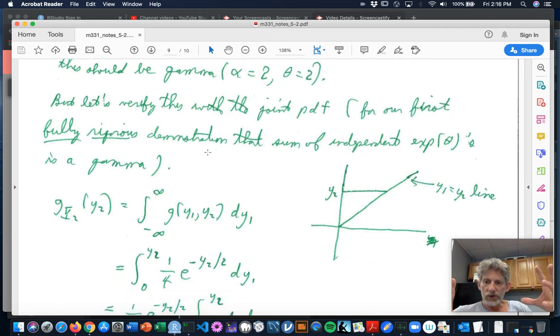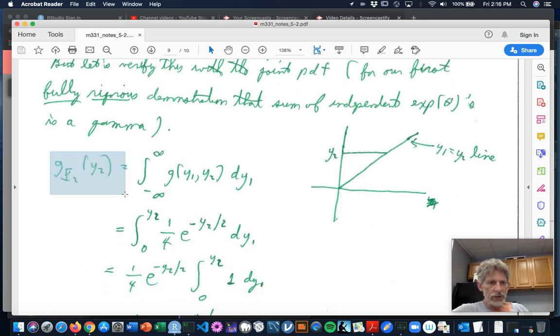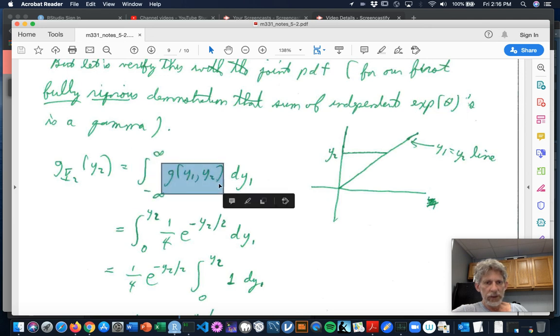Let's verify this by going from the joint to the marginal. So I'll call the marginal g sub y2, and I'm going to find it at any possible little y2. So I've got to integrate the joint with respect to y1. Okay, so thinking about your support, which is this upper triangle, I've got any y2 here, and I've got to integrate over all the y1s.